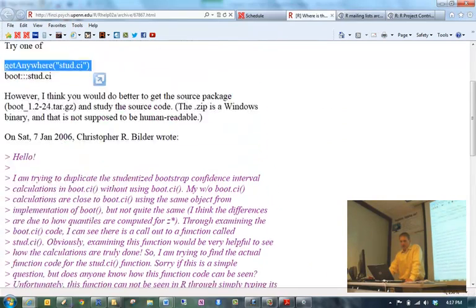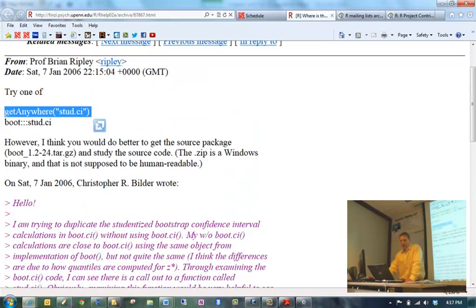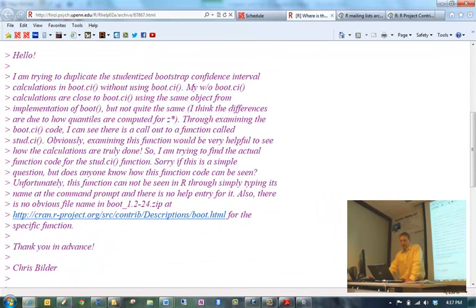This was Saturday, January 7th, 2006. I tried to, as briefly as possible, say what my problem was. I couldn't find boot.ci. I made sure to mention that I looked elsewhere for it, or tried other ways to find the solution to my question. So I posted it there.